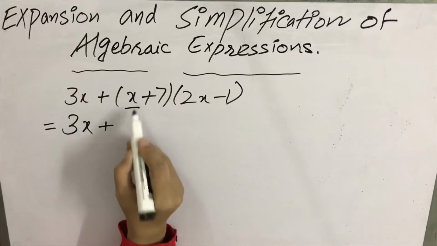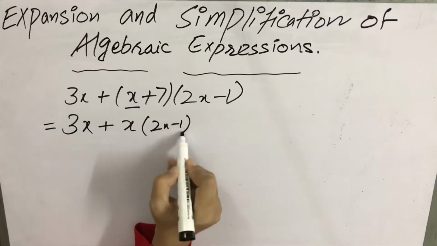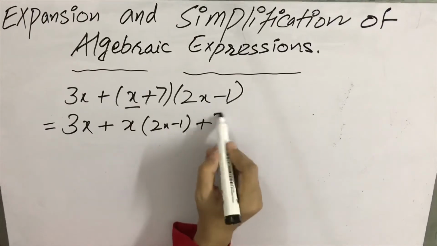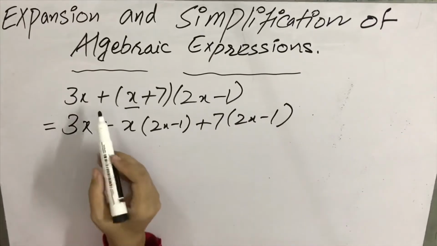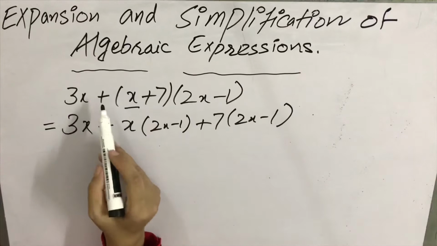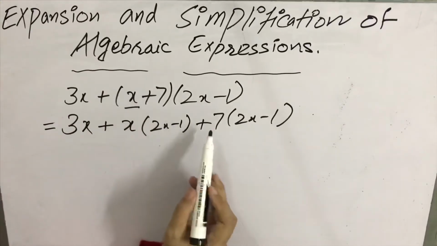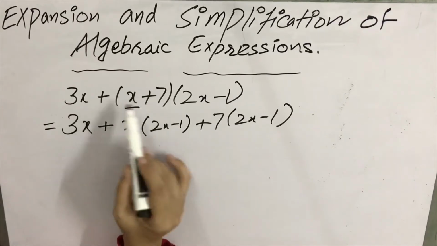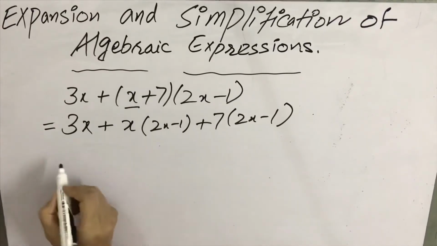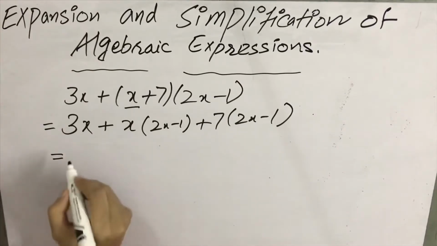So if I open this bracket, x bracket 2x minus 1 plus 7 bracket 2x minus 1. I shall add one thing here. If this sign is negative, then we shall write minus x, and if this sign is negative, we shall write minus 7. And for example, if both the signs are negative, we shall write plus 7. So we have to keep it in our mind.